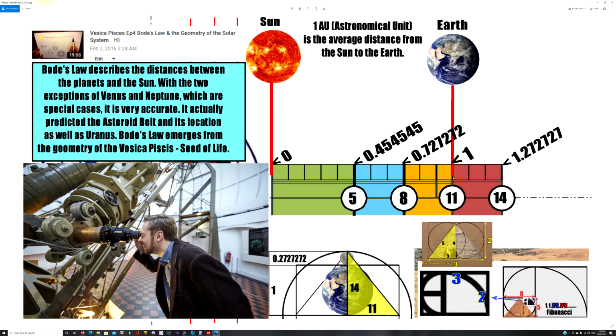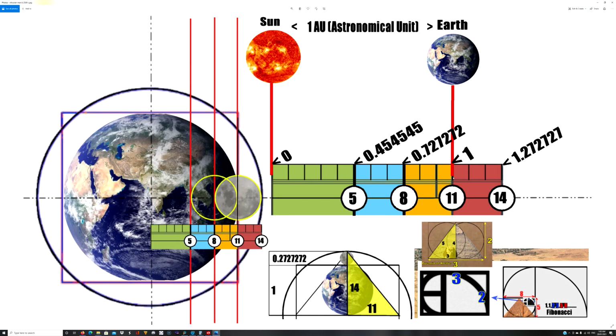Bode's law, Vesica Pisces, I'll try to remember to put that link in. So Bode's law defines the distance from the Sun to the Earth as 1. Again, we're just using that same geometry. Now, it just so happens that Venus would be at 8. So Venus would fall right on that spot, and Mercury would fall on that spot as well.